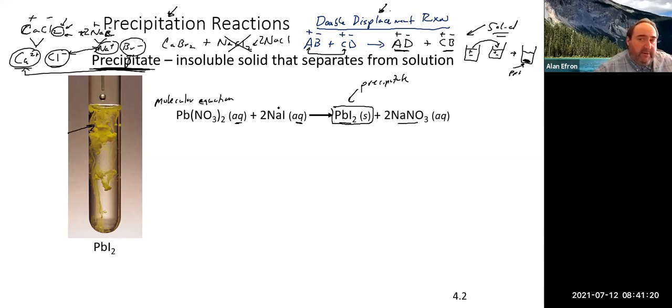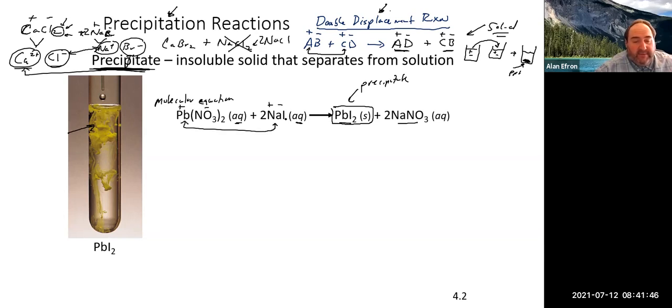So this reaction can be classified two ways. It could be classified as a precipitation reaction because we did make a solid on the product side. It is still a double displacement reaction overall, because lead(II) nitrate is a positive and negative, sodium iodide is a positive and negative, and basically these two switched partners.